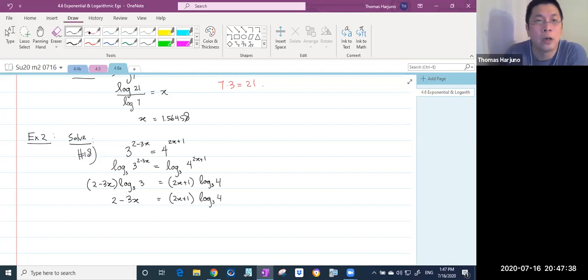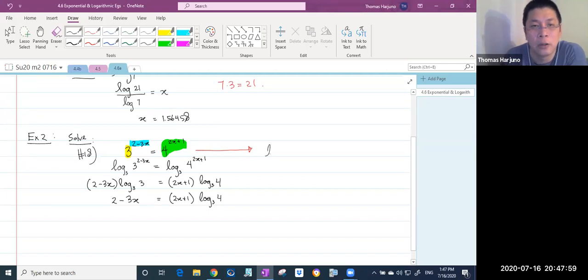By the way, I want you to realize that we can do it even faster if you look at the problem in the following way. This is the base, this is the exponent, and this is the argument. So you can see that this is log base 3 of 4 to the power of 2x plus 1 equals the exponent 2 minus 3x.